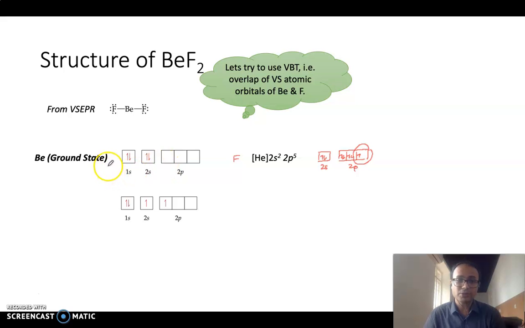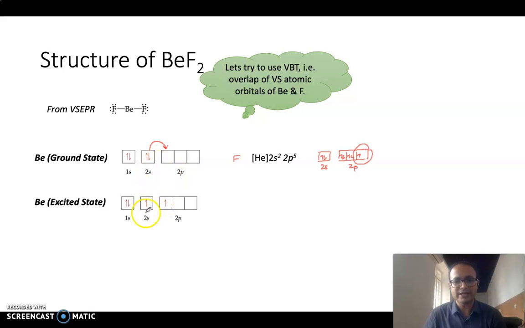So in order for this beryllium to undergo any kind of bonding, we have to envision another electronic configuration, which we refer to as the excited state electronic configuration of beryllium. So what we do here is we excite one of the valence electrons in the 2s orbital to the empty 2p orbital.